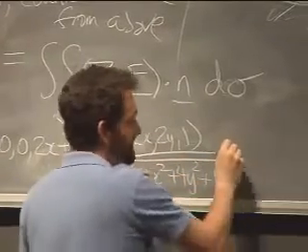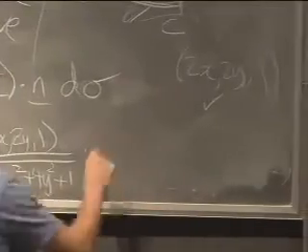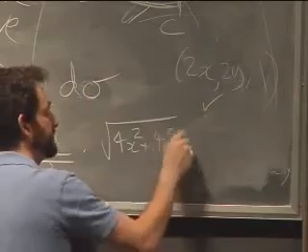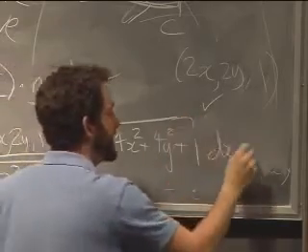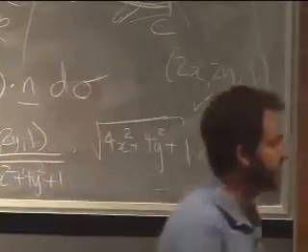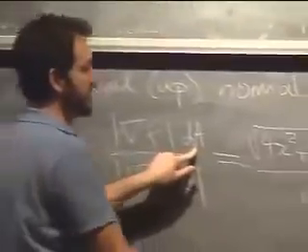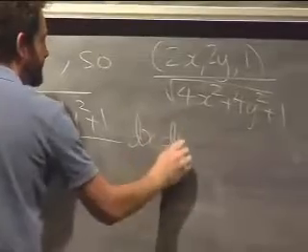And then I need the d sigma, which I computed as well, is 4x squared plus 4y squared plus 1 dx dy. And in my hurry, I left out over here the dA. So come back over here, and you need a dx dy to make that work.